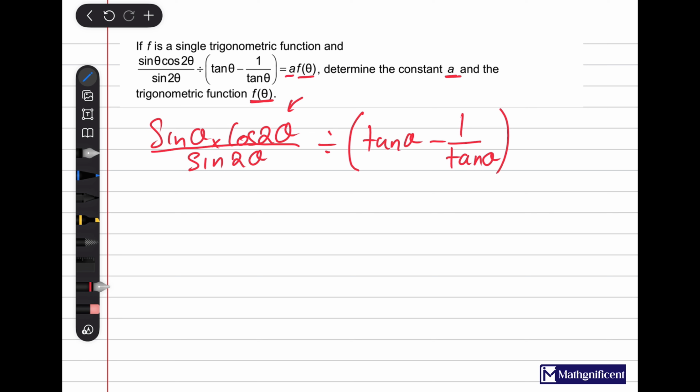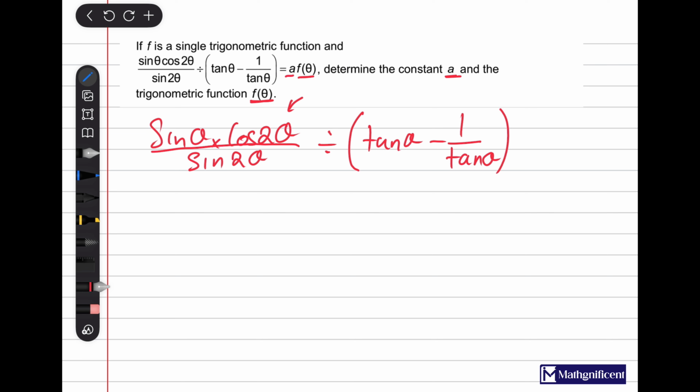So we can rather change the sine 2 theta and the tan theta, because when you're simplifying trig expressions, we should always try and write the expression in terms of sine theta and cos theta. We don't want to have any other trig ratio or any other angle other than theta itself.